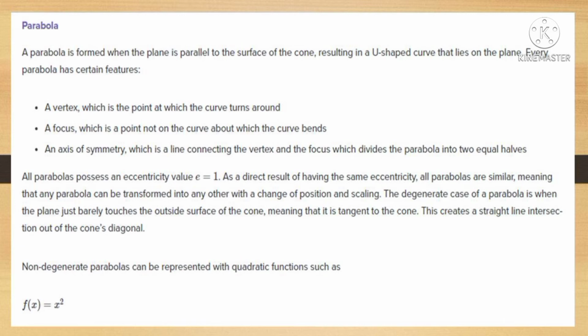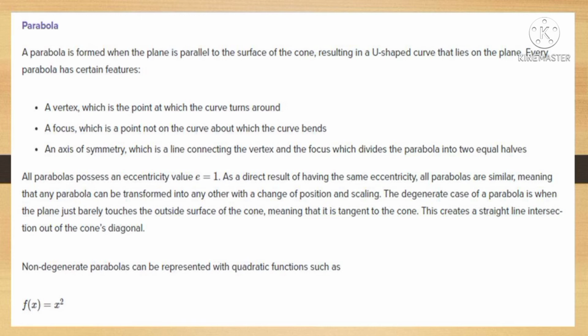All parabolas possess an eccentricity value e equal to 1. As a direct result of having the same eccentricity, all parabolas are similar, meaning that any parabola can be transformed into any other with a change of position and scaling.